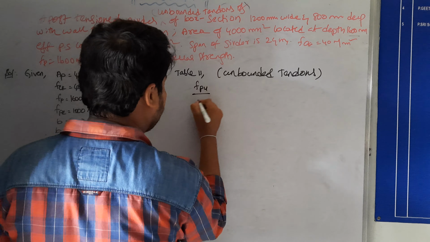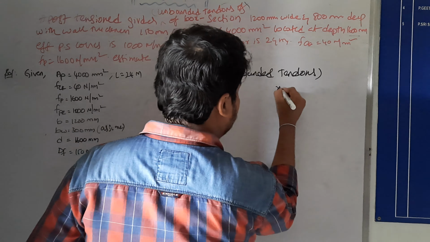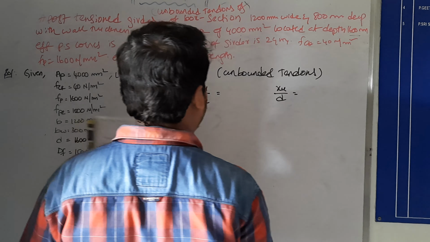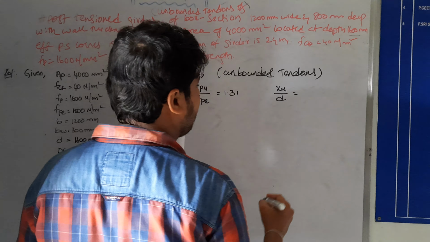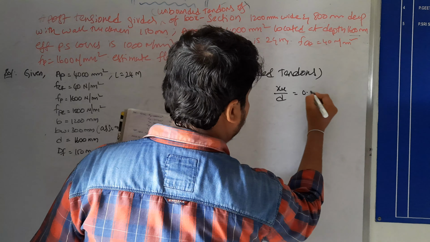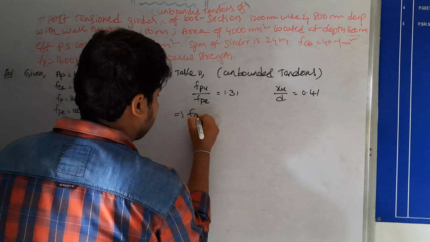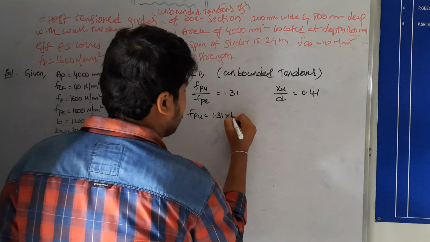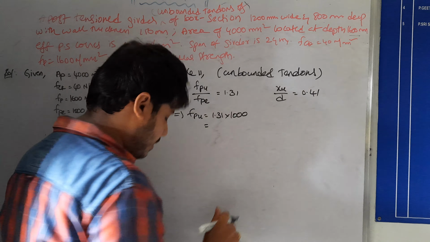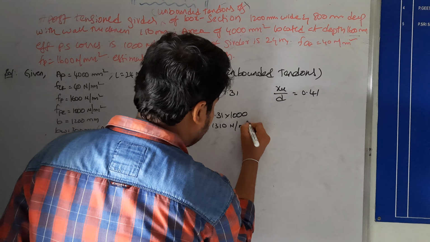From this we get FPU by FPE equal to one value and XU by D equal to one value. From table 11 we get FPU by FPE as 1.31 and XU by D as 0.41. So FPU is equal to 1.31 into FPE as 1000, which gives 1310 Newton per mm square.